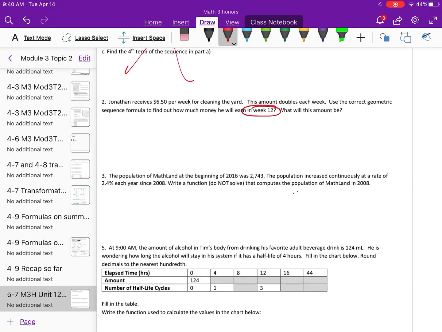So if we look at number 12, if we put it into that exponential function, it should look something like this. Y equals 6.50 times, this is doubling, so that's going to be 2, raised to however many weeks we are doing, which is 12 weeks. Then if we want to know what that amount is, we can simply type that into our calculator.